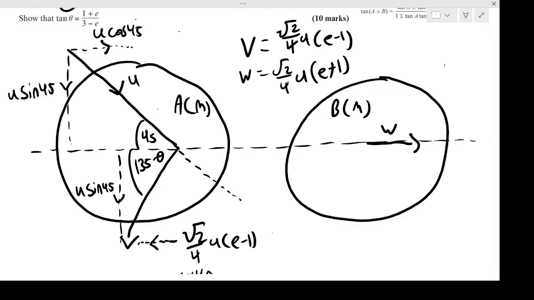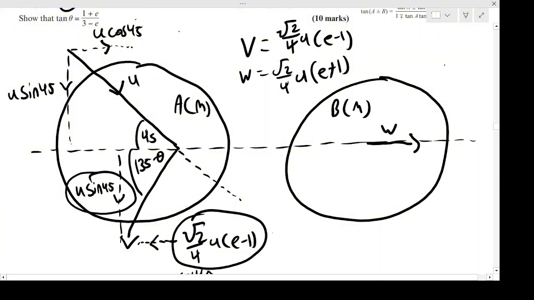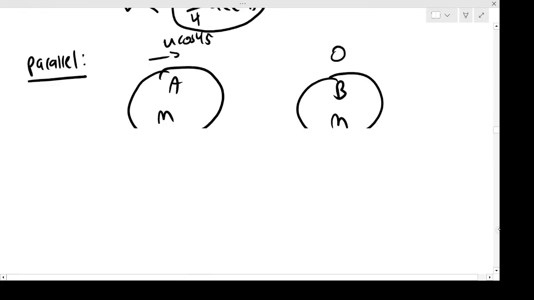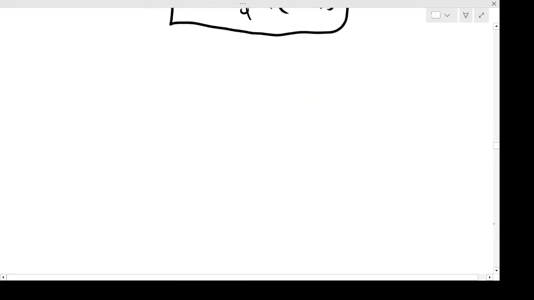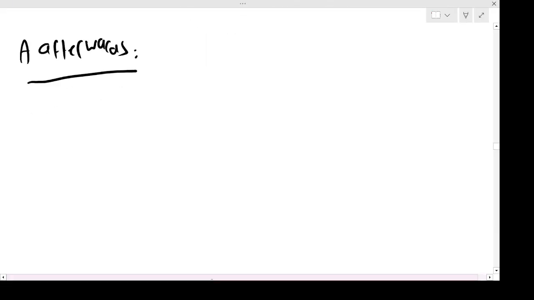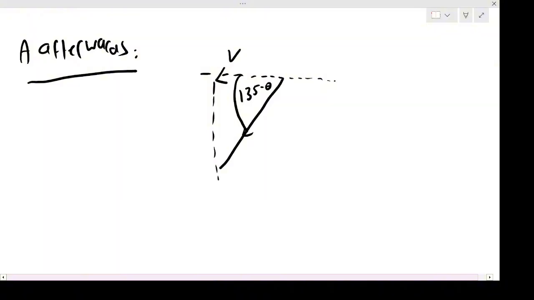So we can again create a sort of velocity triangle with my two components here afterwards. So I'm going to draw that triangle out, okay? And again, we can then probably apply some trig to it, right? So for A afterwards, if I do my line of centres here, right, we saw that afterwards it goes like that, okay, at an angle of 135 take away theta. So my parallel part was V, and then it goes vertically like that.